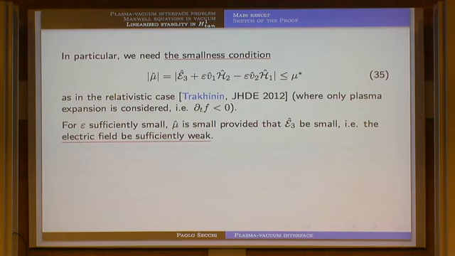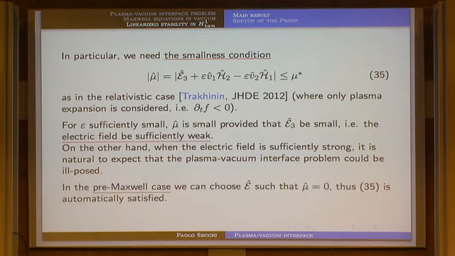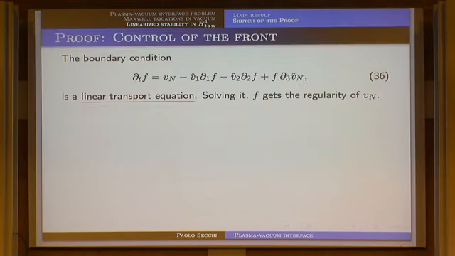While if the electric field is large, from the Trakeening result, we expect instability of the problem. And in the other result with Trakeening, where we used pre-Maxwell in vacuum, we could choose the electric field in such a way that it was 0, and so it was more stable from this point of view.